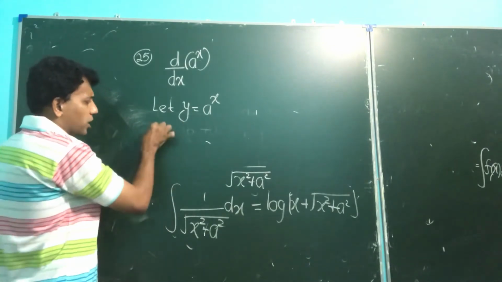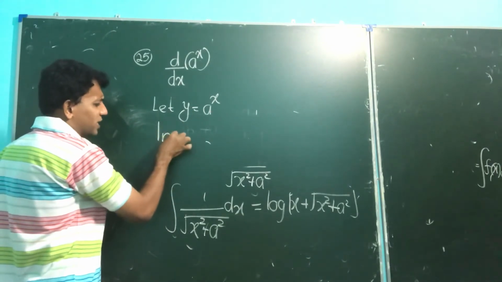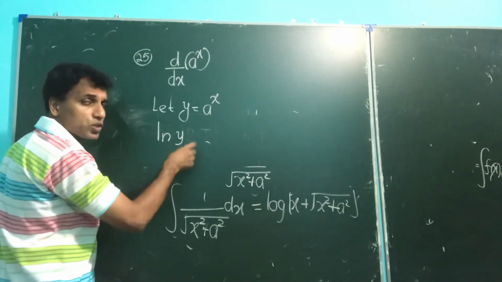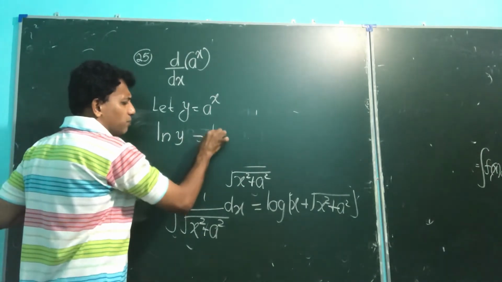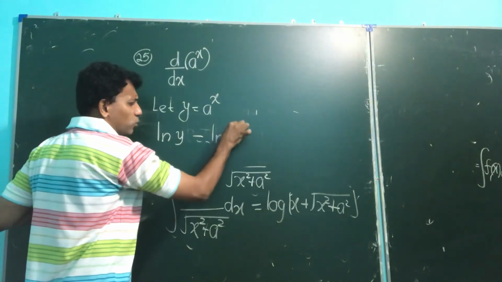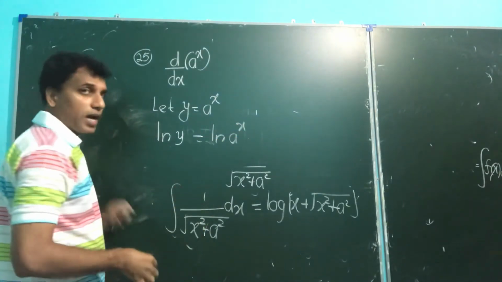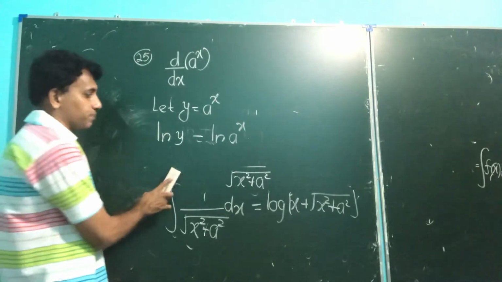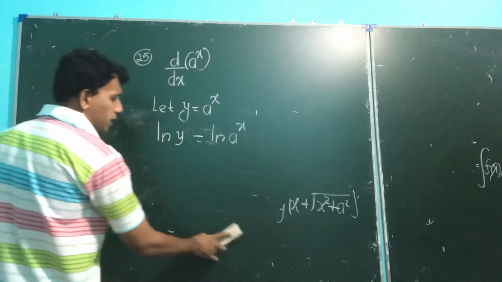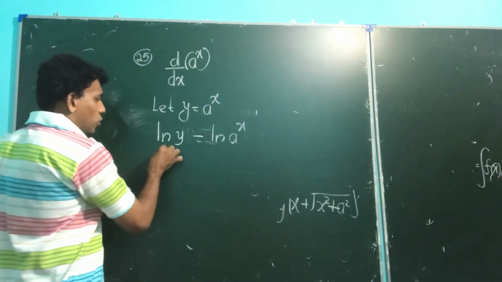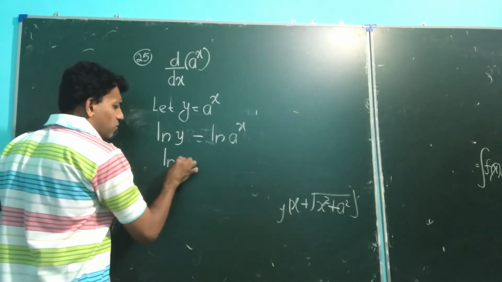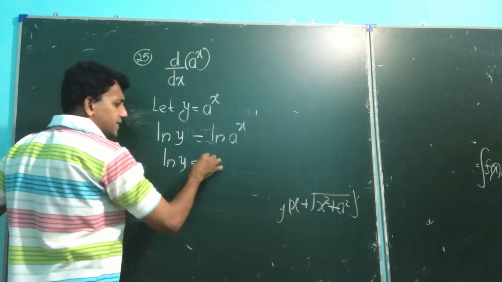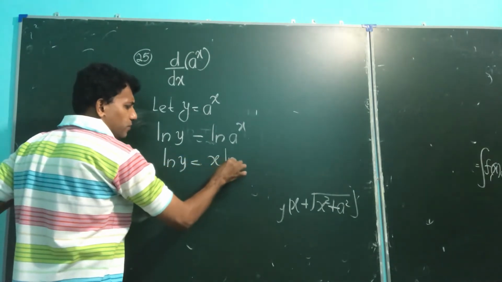Take both sides logarithm, ln or log, whatever, no problem. If I use ln, it means base e; log also base e here. That's called the exponential function. And you know the logarithm rule: x comes in front of the log a.